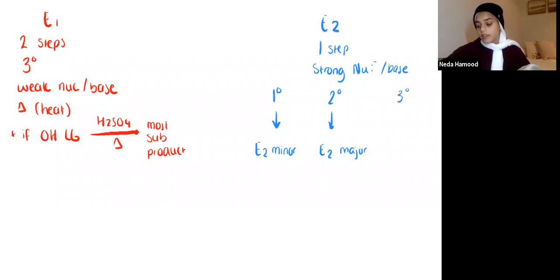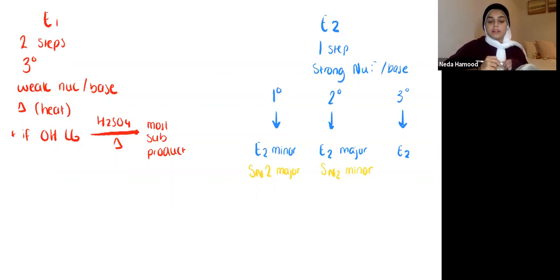And if you have a 3 degree, and it's reacting with a strong nucleophile, strong base, then you'll have E2 as the product. And then over here, you would have SN2 as a major, but honestly, Dr. Dowdy doesn't really mix SN2 and E2 kind of stuff. I wouldn't really worry too much about it.